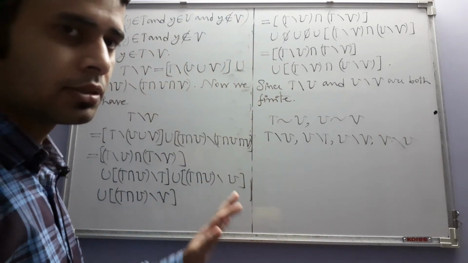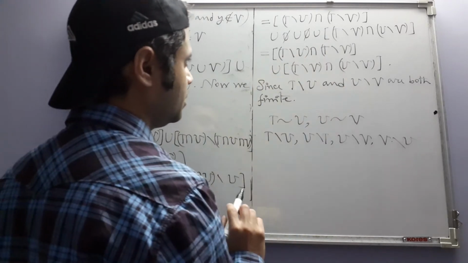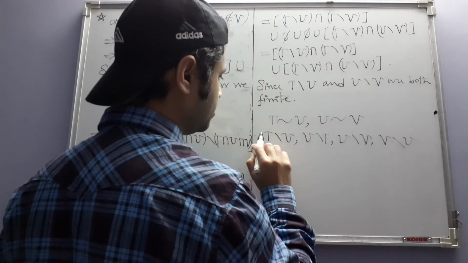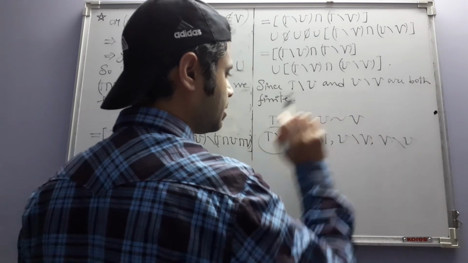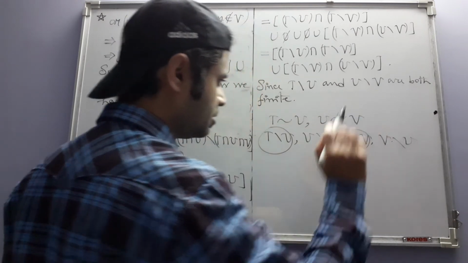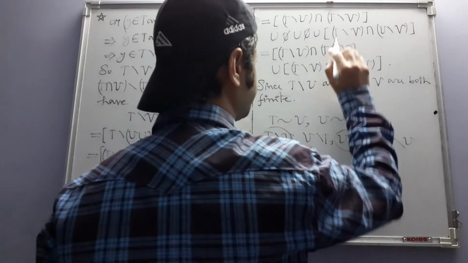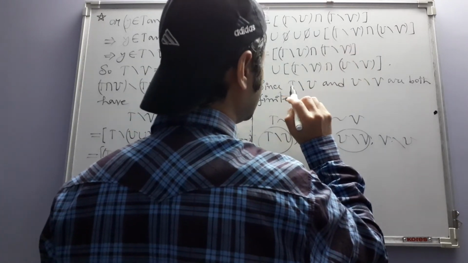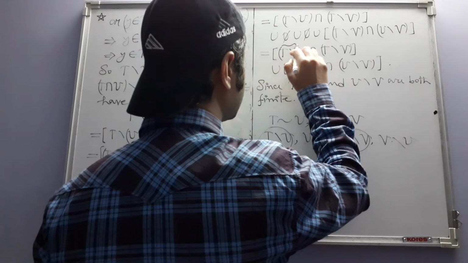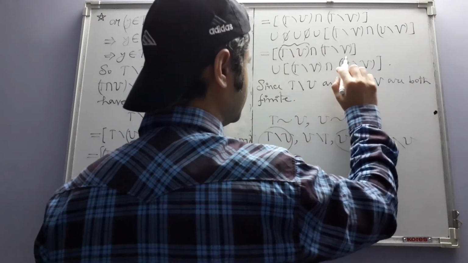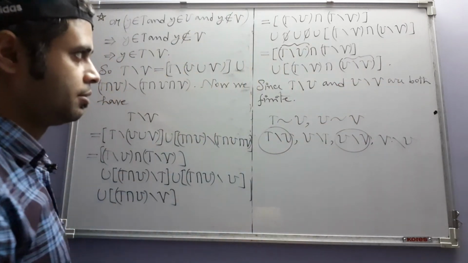From among these sets, here we have used T difference U, which is finite, and U difference V, which is finite.